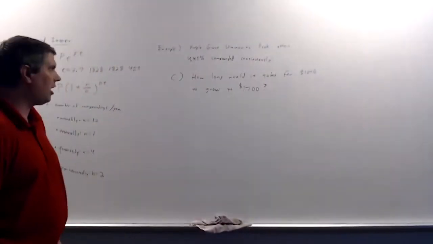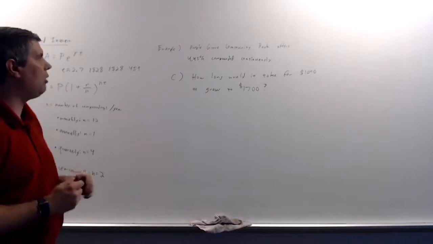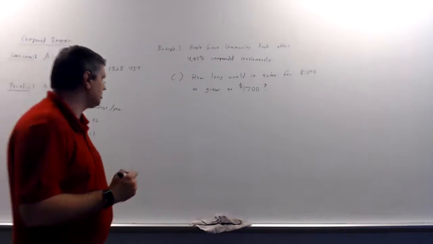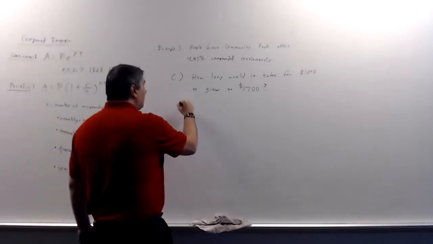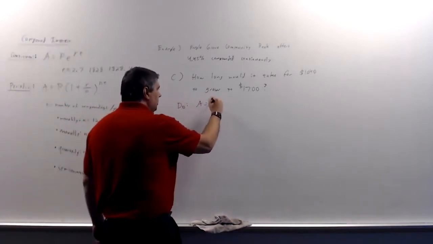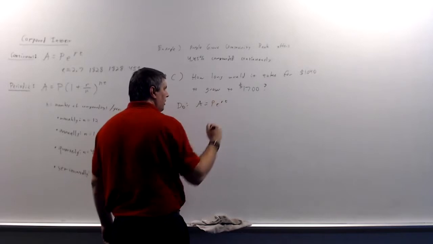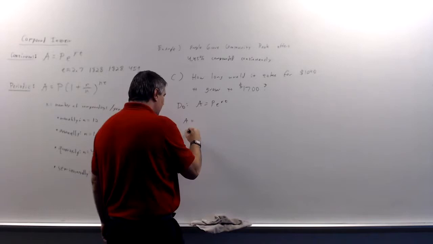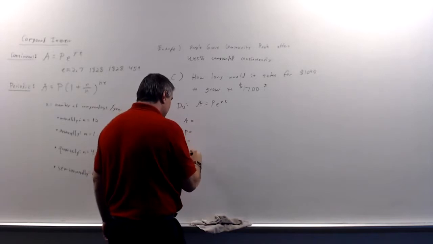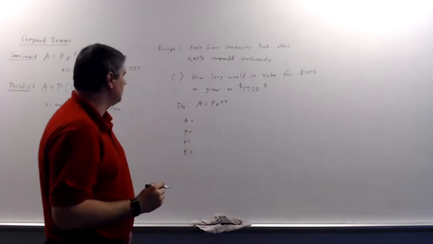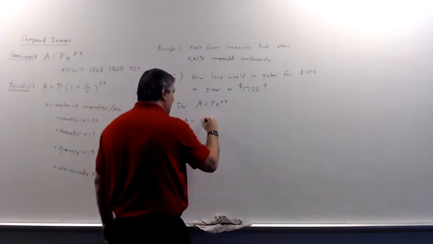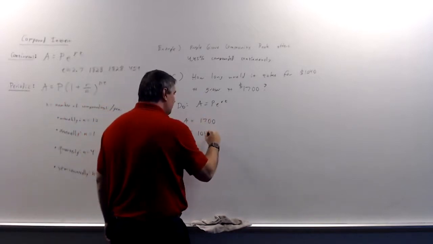Okay, this next part says, how long would it take for 1,040 to grow to $1,700? Well, it's still compounded continuously, so this is still the appropriate formula. Okay, so A equals, P equals, R equals, T equals. So the accumulated value is going to be 1,700, and we're starting with 1,040.